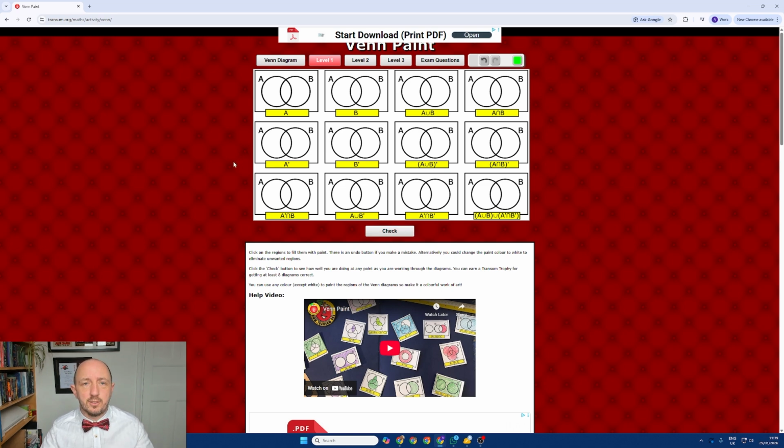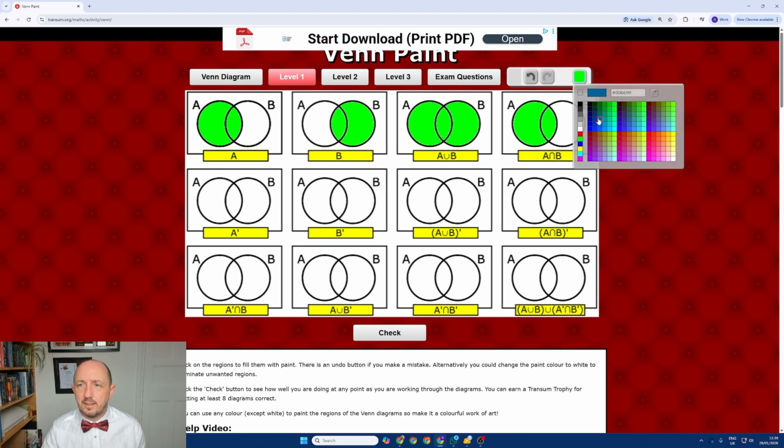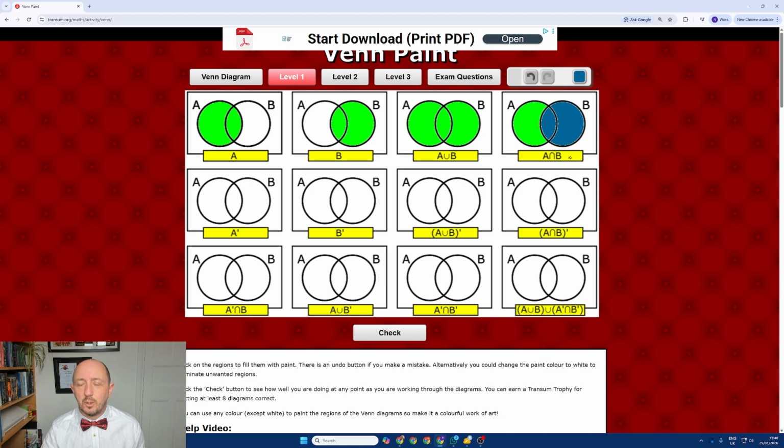So if I just zoom in on this a little bit, A, like this, B, A or B, because it's a little U. So you fill in A, and then you fill in B, and then you leave it. Whereas for A and B, if I colour these in a different colour, which one was coloured in both blue and green? It would have been that middle part there.